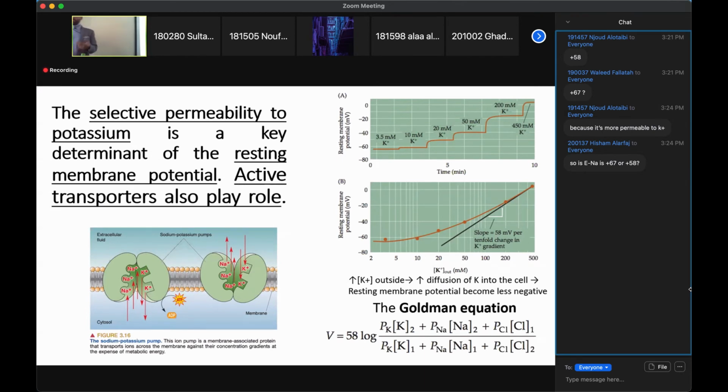And also active transporters, which tend to concentrate potassium on the inside, play an active role in establishing the resting membrane potential.